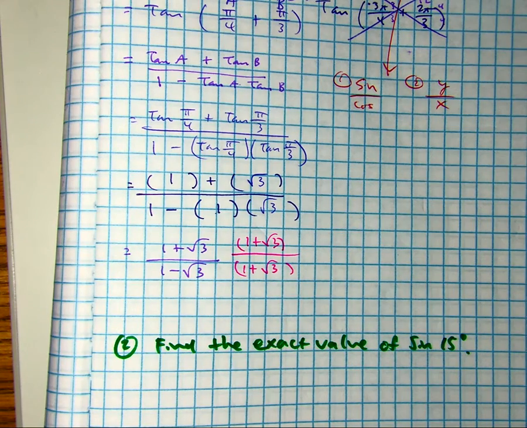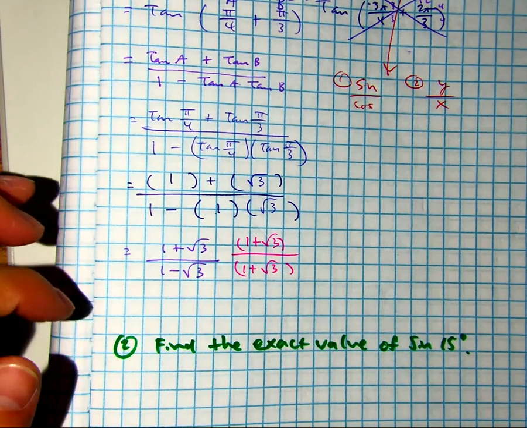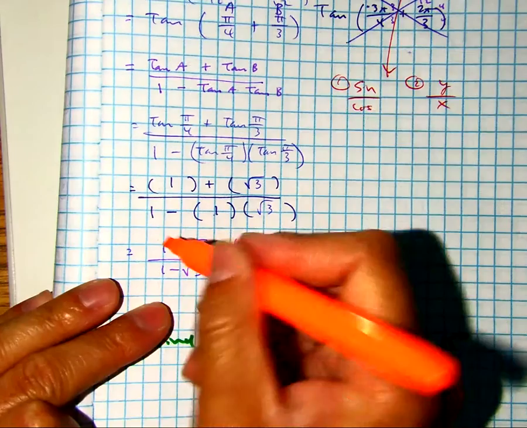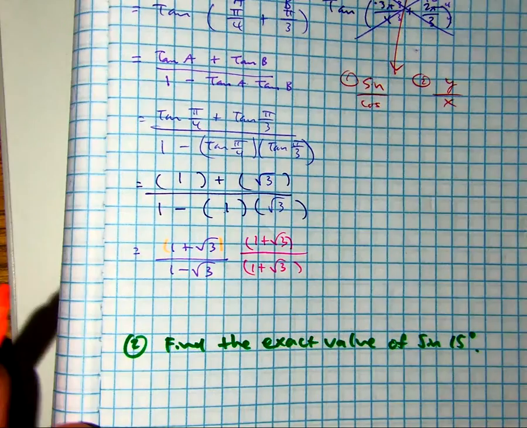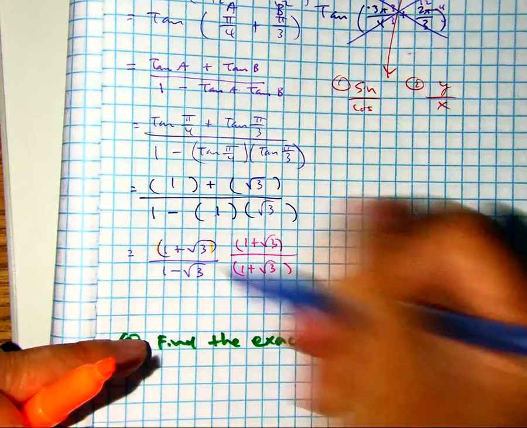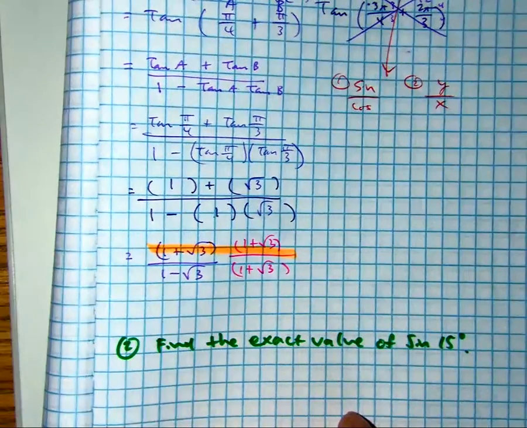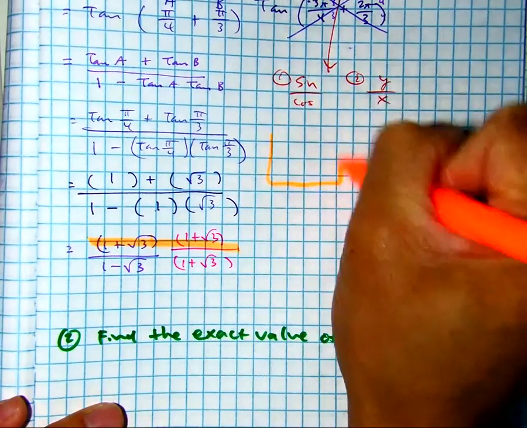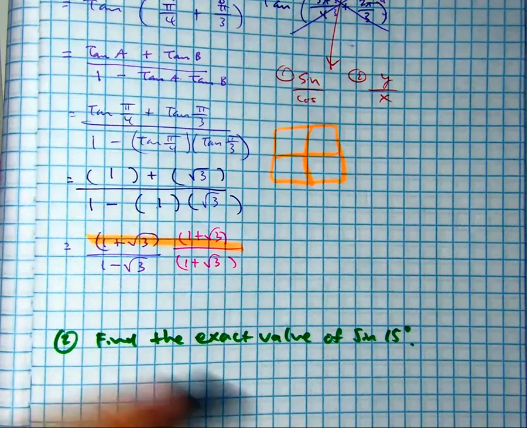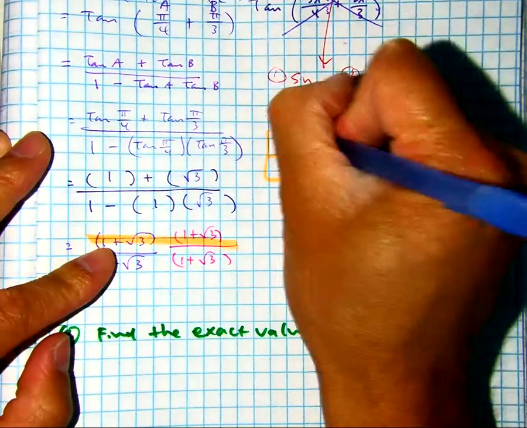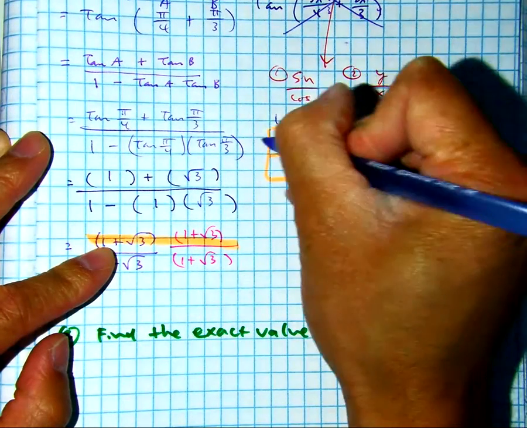Not yet. Let's do it together. I'm going to multiply these two. Rovan, 1 plus radical 3, 1 plus radical 3.